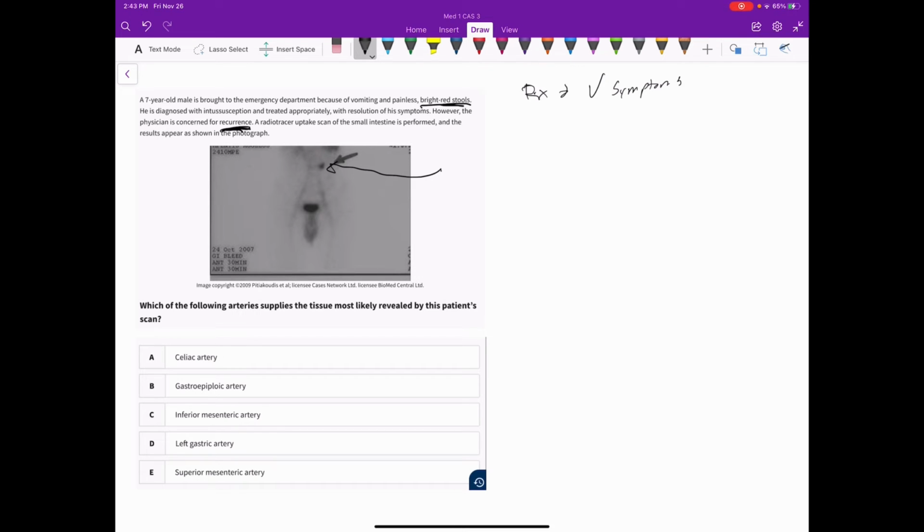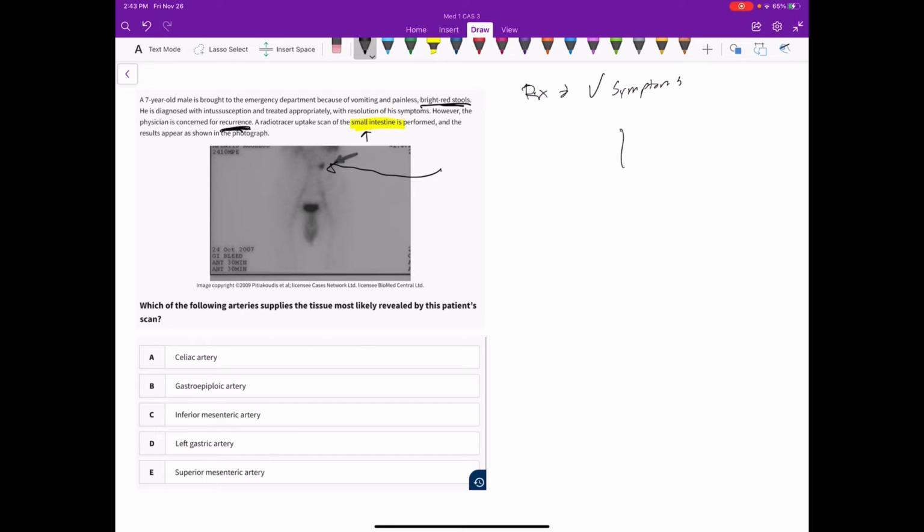Okay, so what do we know here? We know that they have bright red stools, and we said it's in the small intestine. Okay, and if we can't read the photograph, it's not the end of the world because we know it's arteries coming from the small intestine.